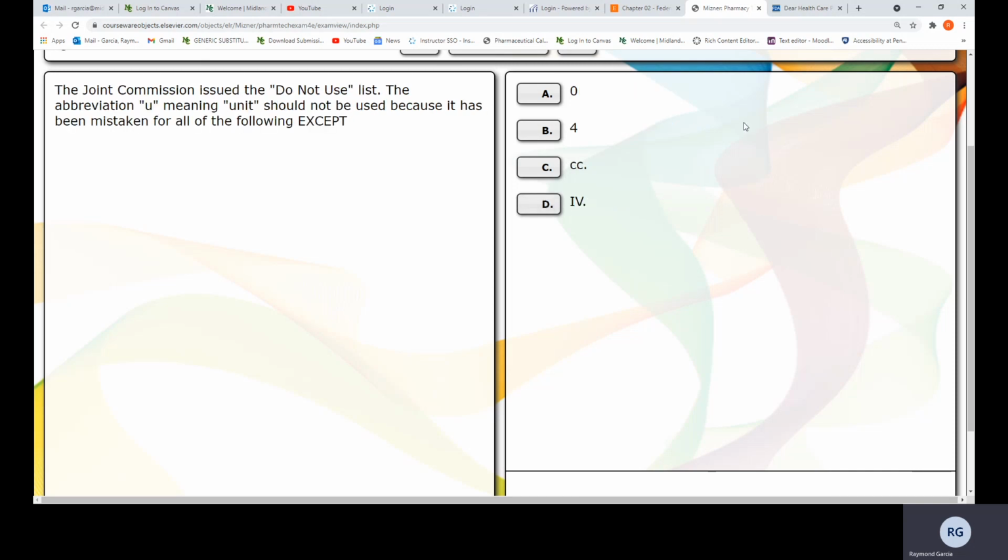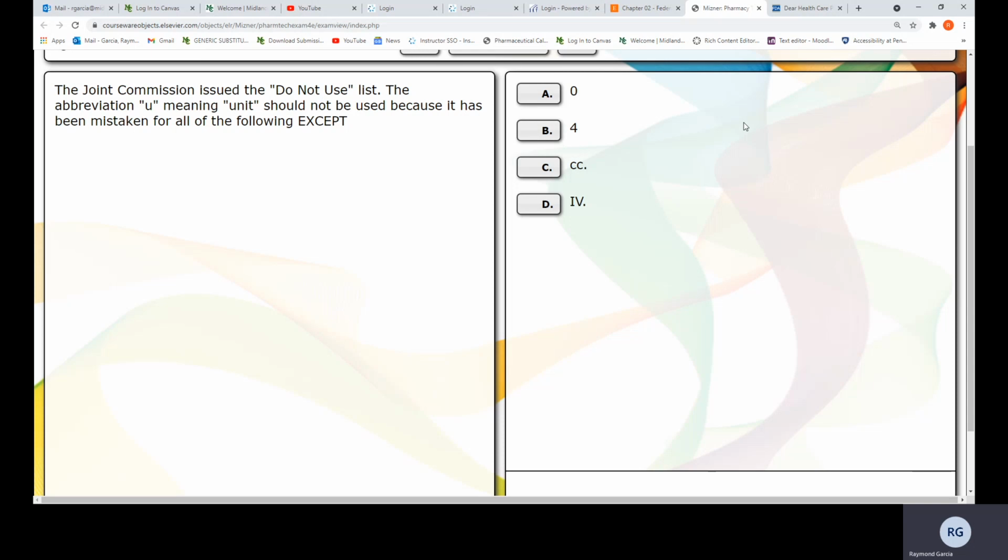The Joint Commission issued the Do Not Use list. The abbreviation U, meaning unit, should not be used because it has been mistaken for all of the following, except which one? Which one?